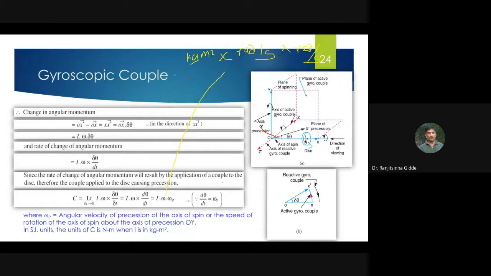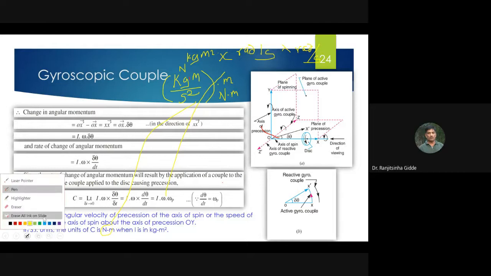So you can just check: kg meter per second square. This is nothing but Newton, and what is remaining is only meter. So Newton meter is the unit for the couple.